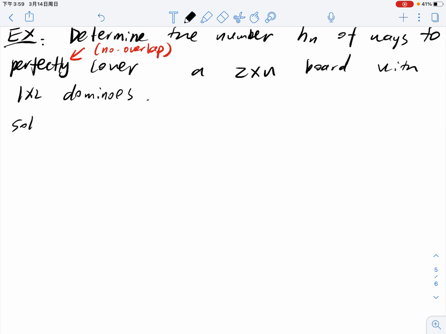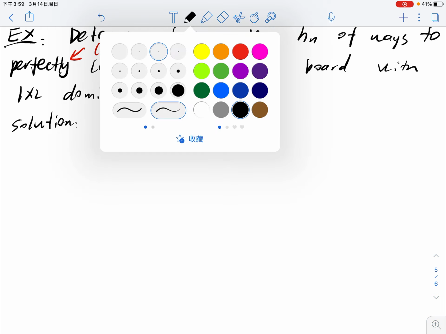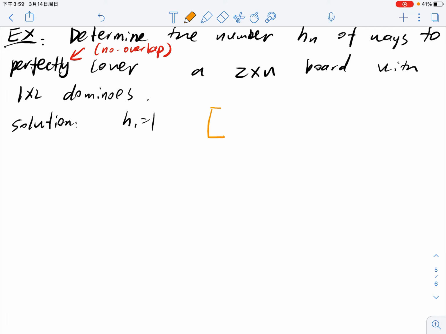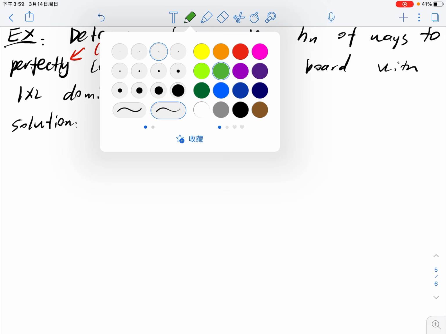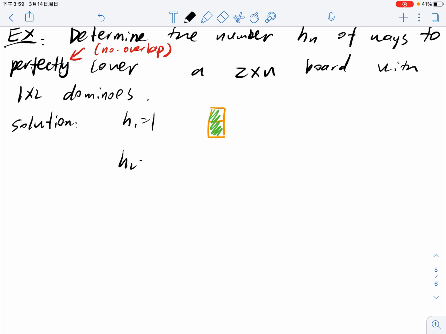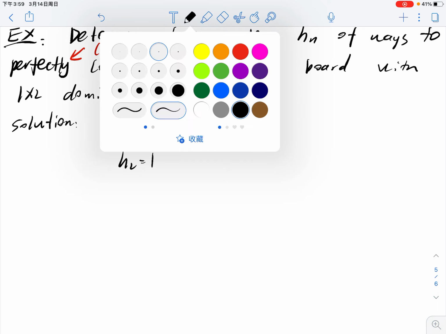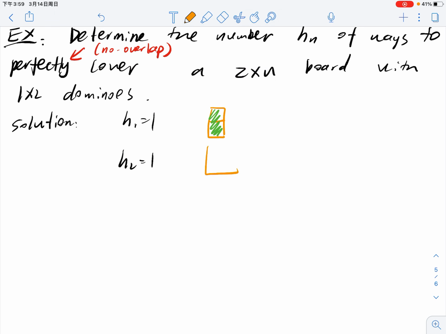And the solution, it's easy to see when n is 1, H1 is 1. You only have one way to cover it. Okay, and when n is 2, now here you have 2 ways.